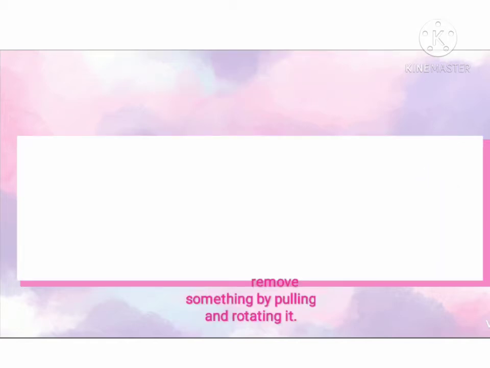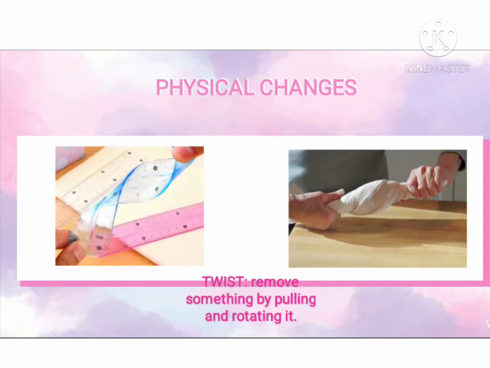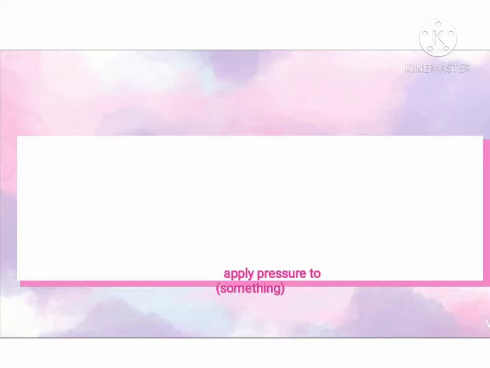What about the action that moves something by pulling and rotating it? We call it twist. So this is a man twisting a towel, and also somebody twisting the ruler. So this is the action of twist.